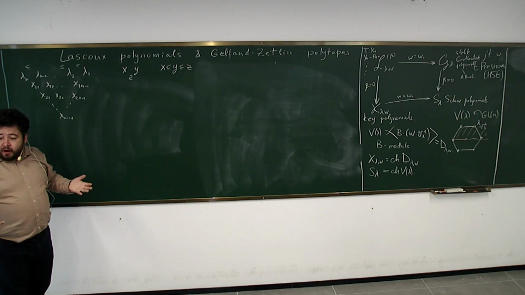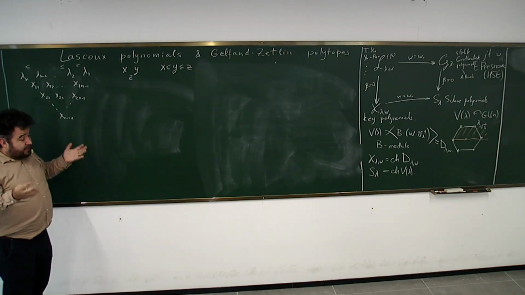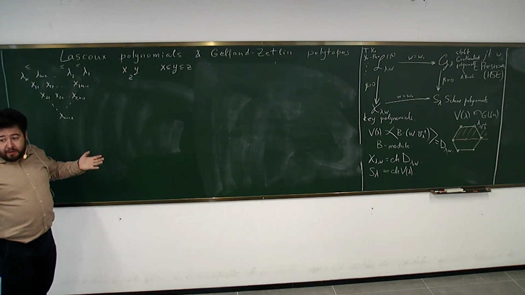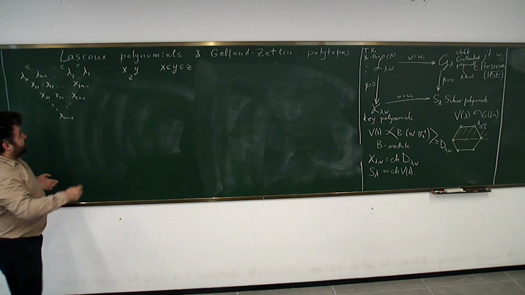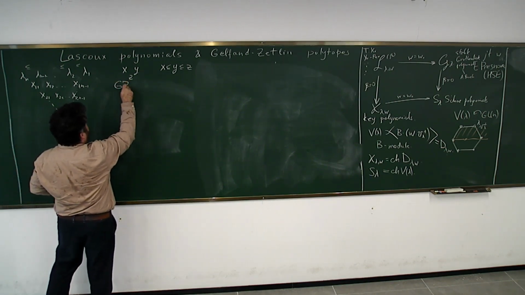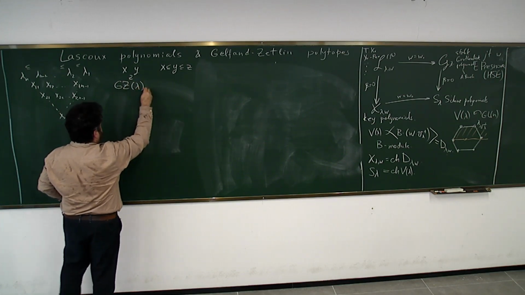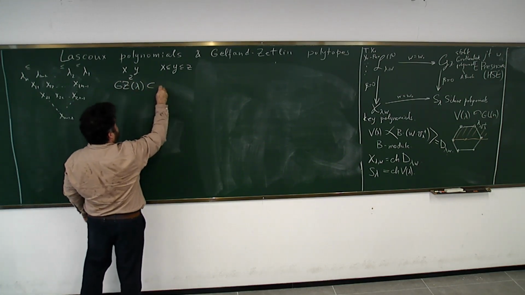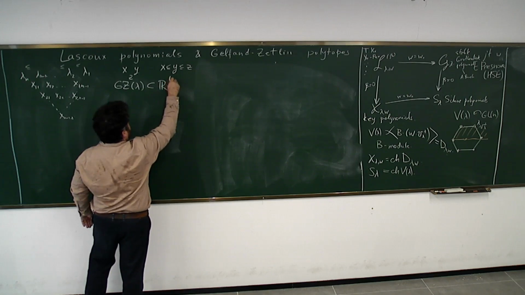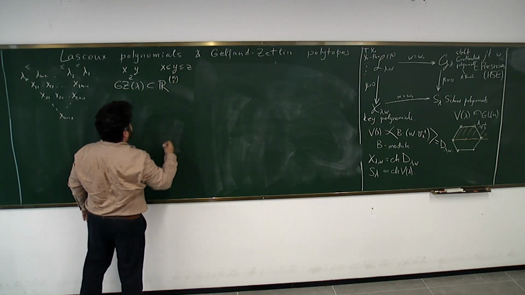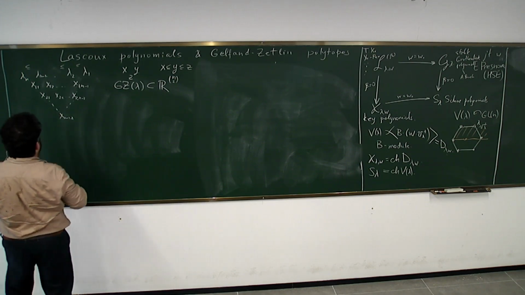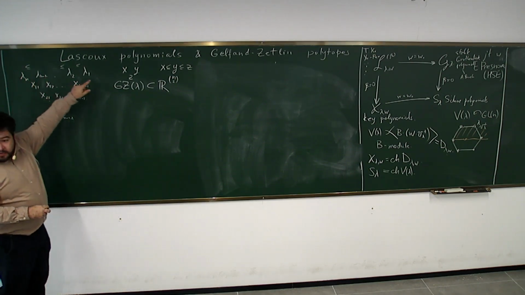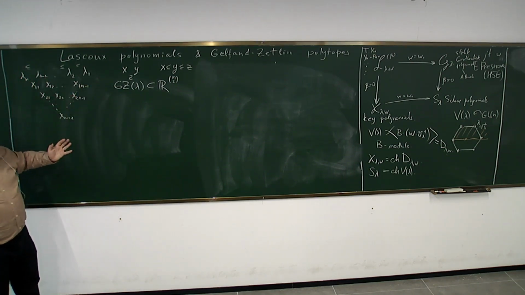And they obviously define a convex bounded body, also known as a polytope. So this is the Gelfand-Zetlin polytope corresponding to lambda inside R to the power n choose 2. And if the lambda i's are all distinct, this is full dimension.